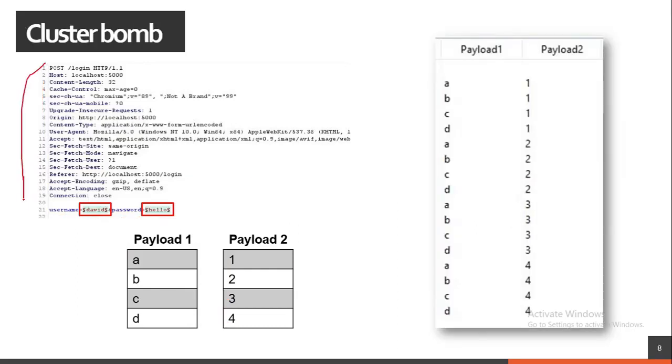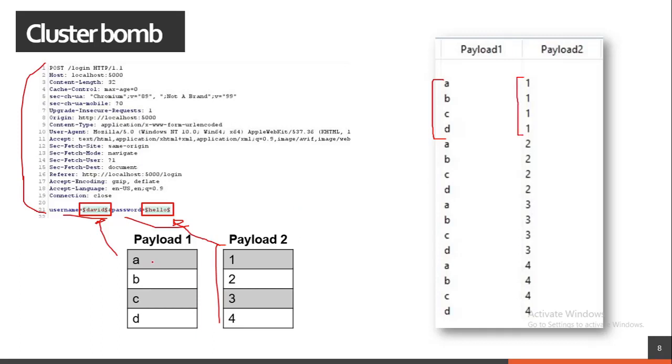So we have also intercepted the request. We have two positions right here. The first payload will be substituted in the username, and the second payload will be substituted in the password position. When you run the attack with the cluster bomb attack type, it will take all the values in the first payload, A, B, C, D, and test them against the first value in the second payload.